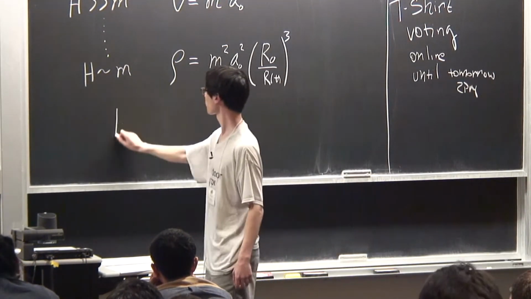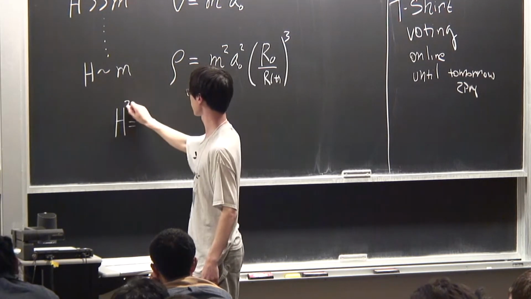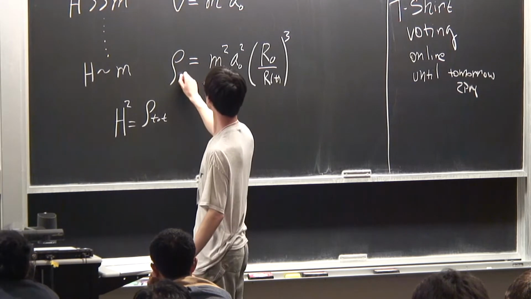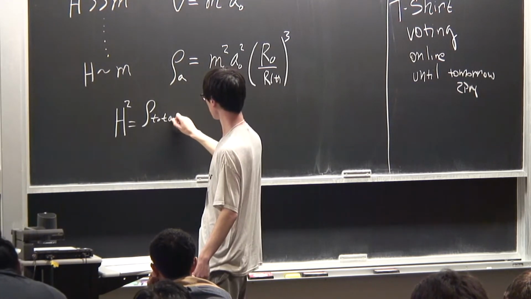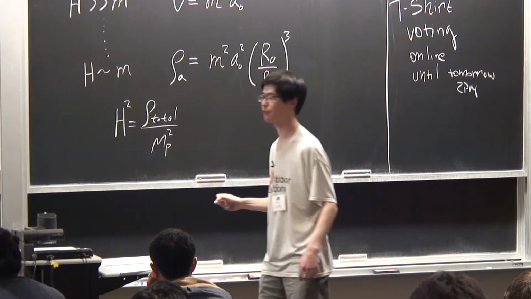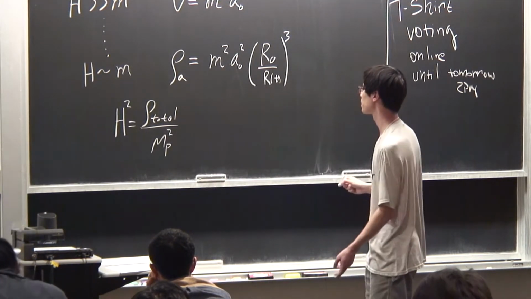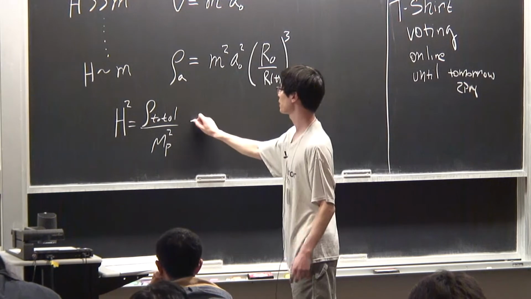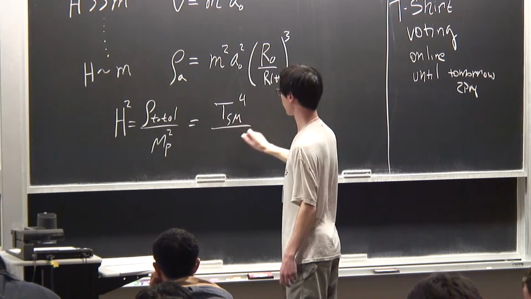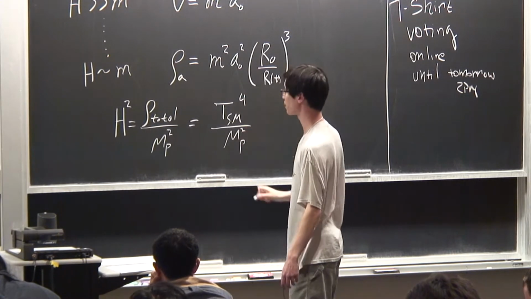Hubble squared is the total energy, rho total, this is rho A, over m Planck squared. I'm ignoring factors of 3 and 8 pi squared. And so this is temperature of the standard model to the fourth over m Planck squared.